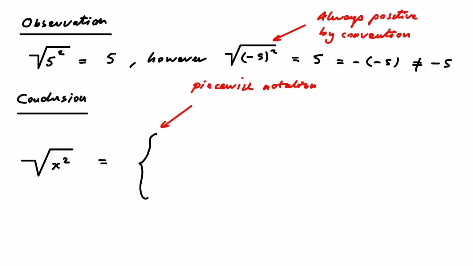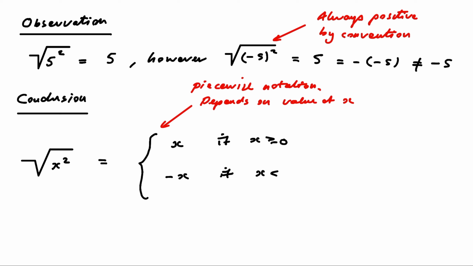And it depends on the value of x in this case. So what is it going to be? Well, if x is positive, it's just x back at you. Unfortunately, if x is negative, it's not. It's minus x, as we've just seen above.